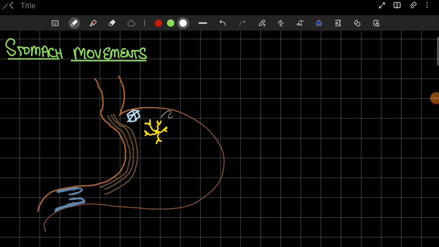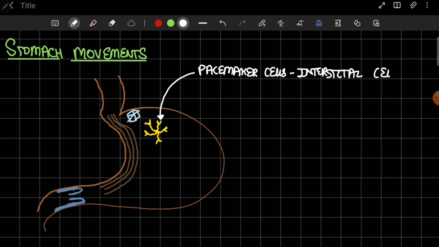At the first there are pacemaker cells in the stomach. So these are the pacemaker cells of the stomach. They have a specialized name. They are known as interstitial cells of Cajal.